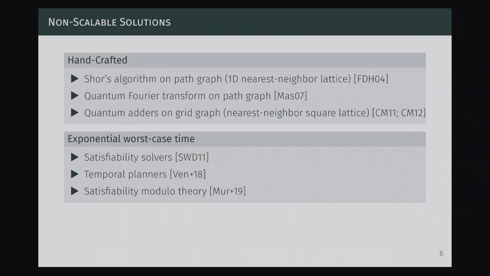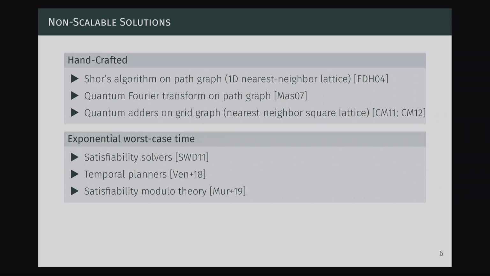And you may already be familiar with some of these circuit transformations. Like there are some handcrafted algorithms known for Shor's algorithm, for example, on the path graph, quantum Fourier transform on the path graph, or maybe adders on grid graphs. But we're interested in some automated approach that would work for general circuits.